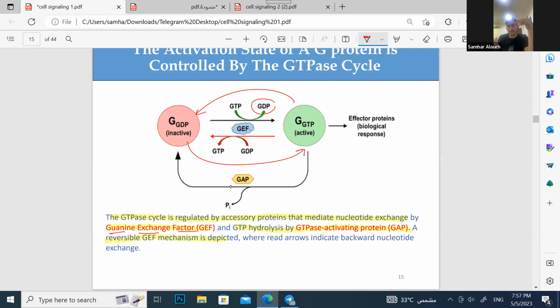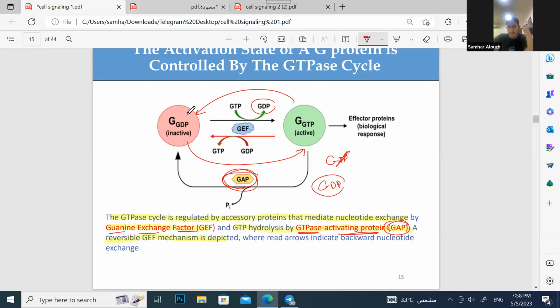Now, what inhibits it? What makes it inactive? What removes the GTP and puts GDP other than the GEF? It's something called GTPase activating protein, or GAP protein. GAP protein goes to the GTP, removes one phosphate, and makes it GDP. So it's inactivated, and we go to the inactive state.